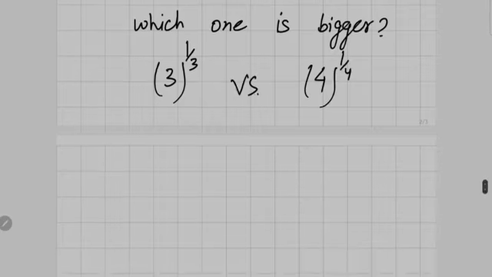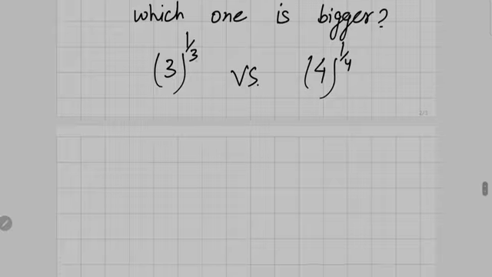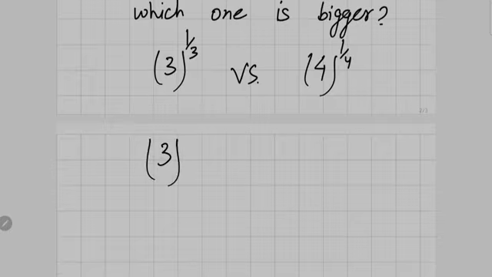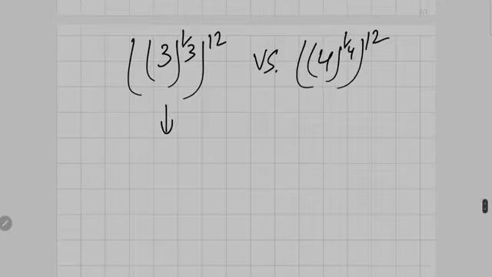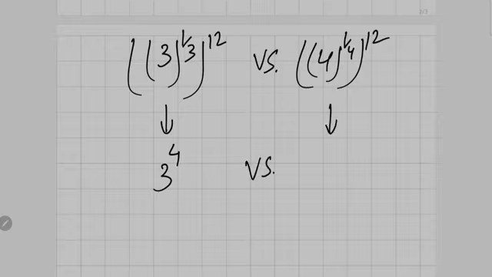The LCM of 3 and 4 is 12, so taking both sides to the power 12: 3 to the power 1 third to the power 12, and 4 to the power 1 fourth to the power 12. So this expression can be written as 3 to the power 4, and this expression as 4 to the power 3.